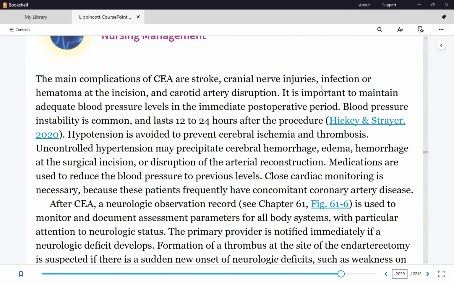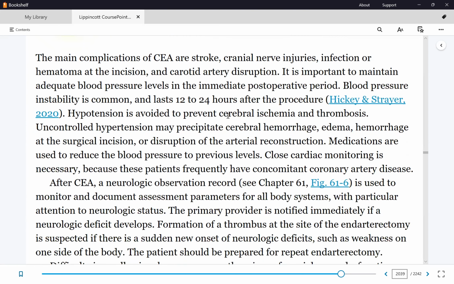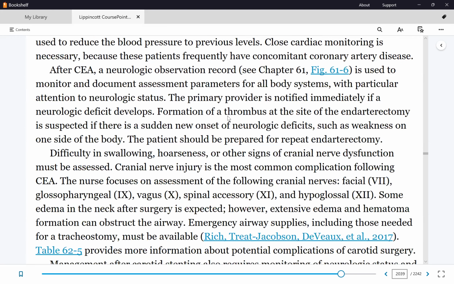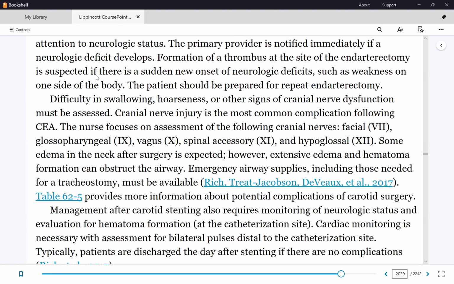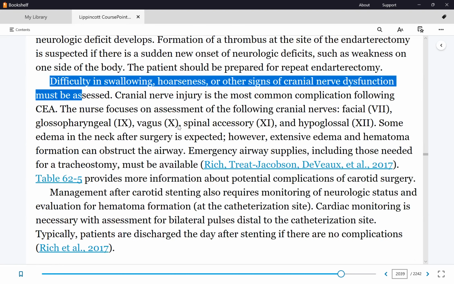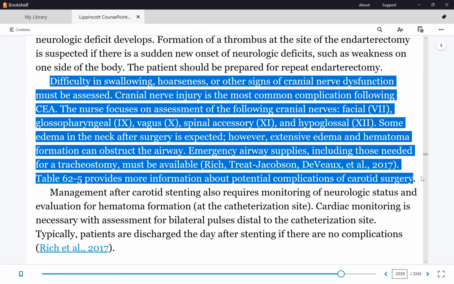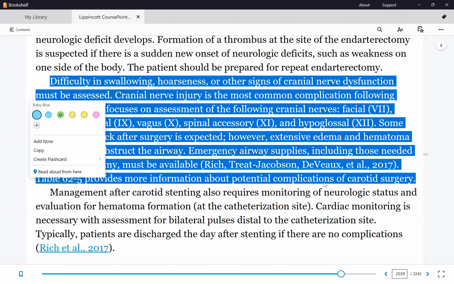Cranial nerve injuries, meaning cranial nerves in the neck. There could be infection or hematoma at the surgical site. Complications related to cranial nerve injuries include hoarseness, facial paralysis, or tongue paralysis.